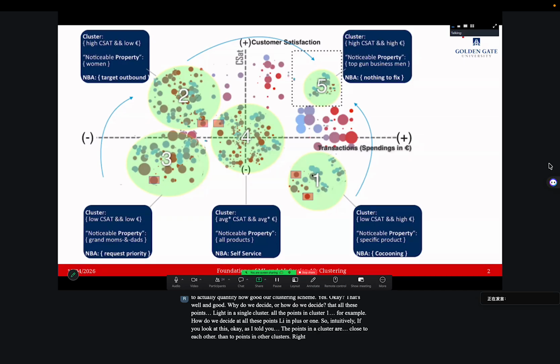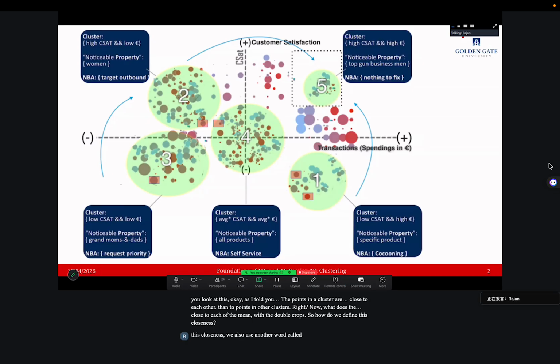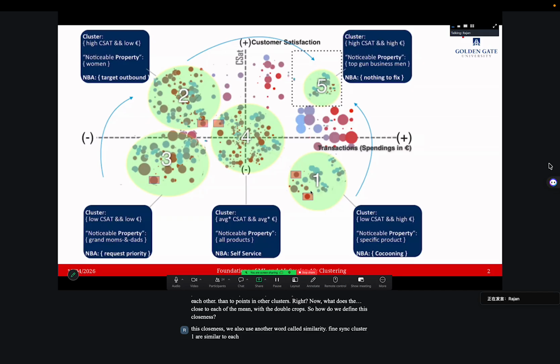Right? Now, what does "close to each other" mean? How do we define this closeness? This closeness, we also call by another word, similarity. Points in cluster 1 are similar to each other than to any other point.